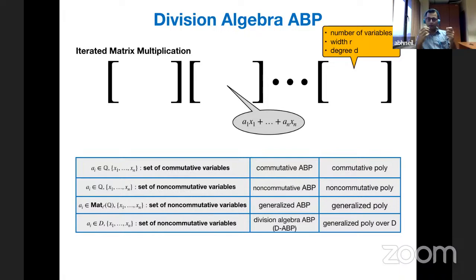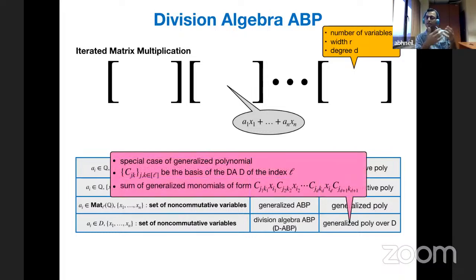We know that each division algebra has a matrix representation, so you can think of it as a special case of this generalized polynomial. If C_jk is the basis of my division algebra, then in the most general setting the generalized monomials can be written as C_j1,k1 x_i1 C_j2,k2, like this.